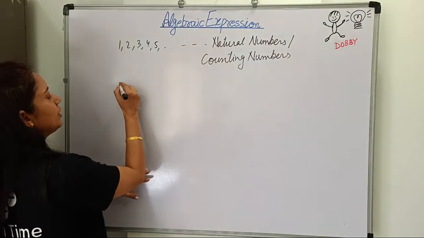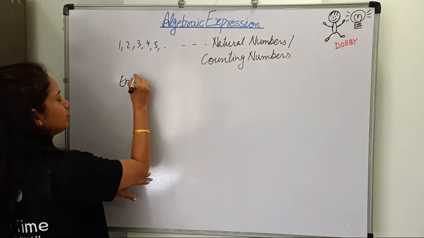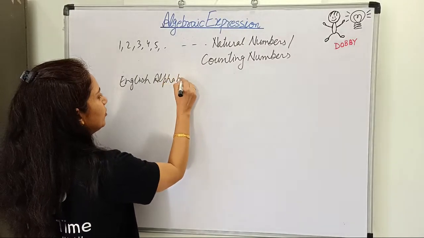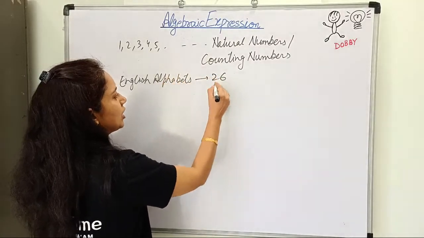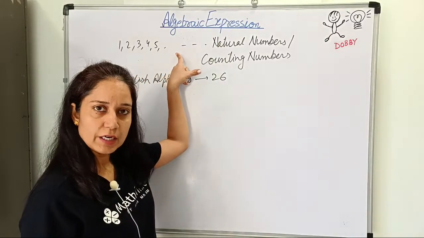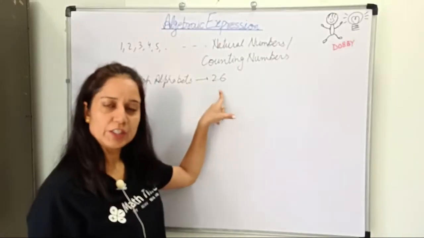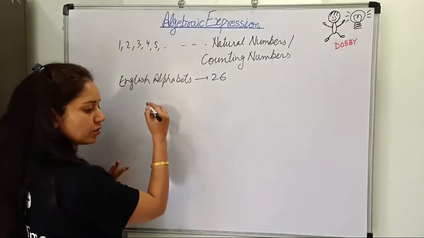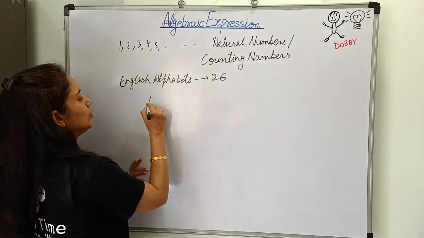Now apart from that, English alphabets. How many do we have? 26 English alphabets. In mathematics, when we use numbers along with English alphabets, both the things together, that branch of mathematics is called algebra.